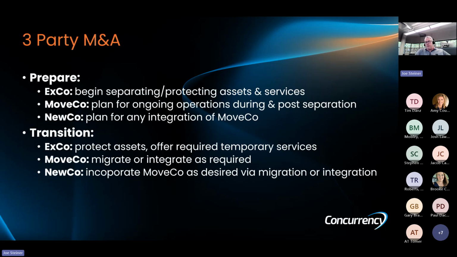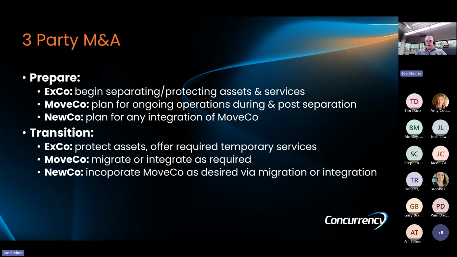So we look at 3-party M&A. Frequently, ExCo is dealing with how to separate out and protect the assets, being data, hardware, software, as well as services that you're offering to that organization, and possibly even receiving from the organization that's moving on.